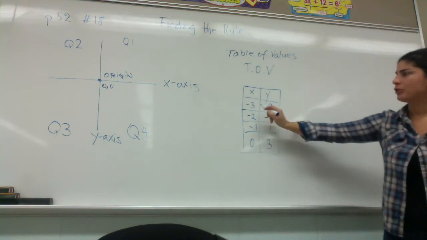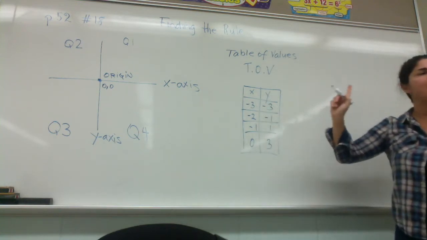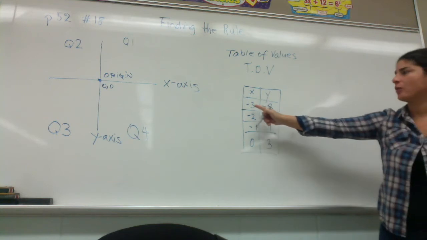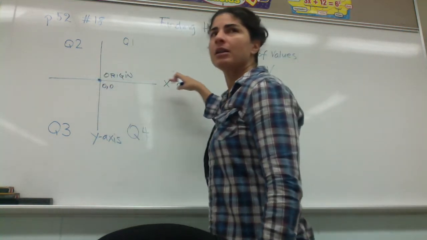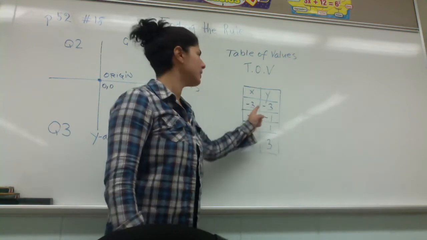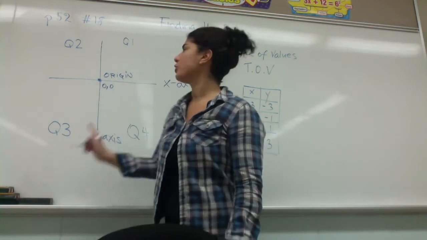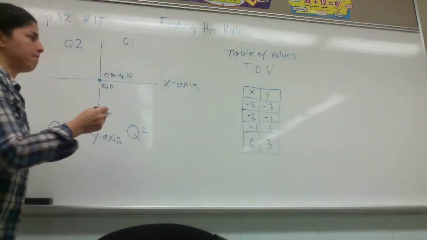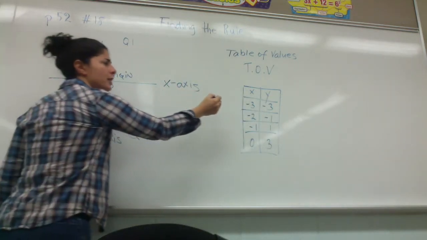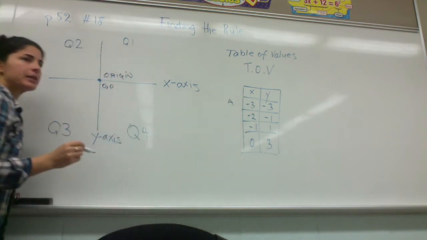So are you able to do -3, -3? Remember that the first number is always x, meaning that it's on this line, and the second number is always y, which means you're going up and down. So I start at the origin, and I'm going to do the first one. Let me call it A so that we can label it.